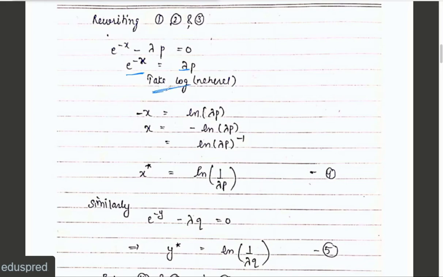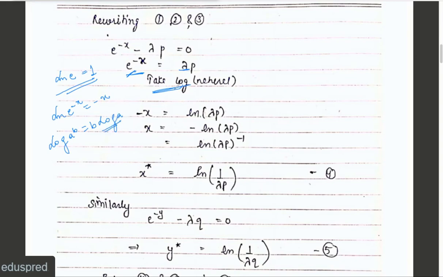So let's take a log, which is a natural log, essentially ln, because we have e here. So that's why we are taking ln, so that by using the property of log, which is ln of e is equal to 1, I can get rid of this e. So what I am doing here is writing it as ln e to the power minus x, which is equal to minus x by using the property of log, which is log of a to the power b is b log a, and ln e is 1.